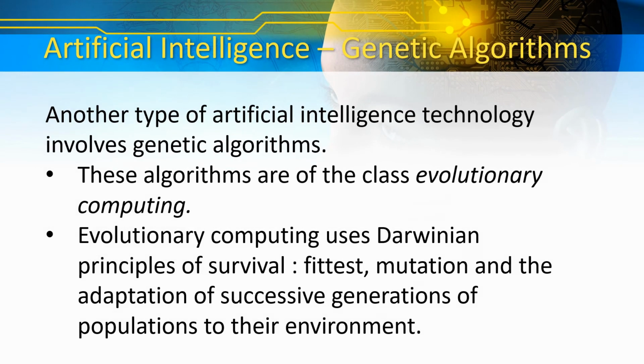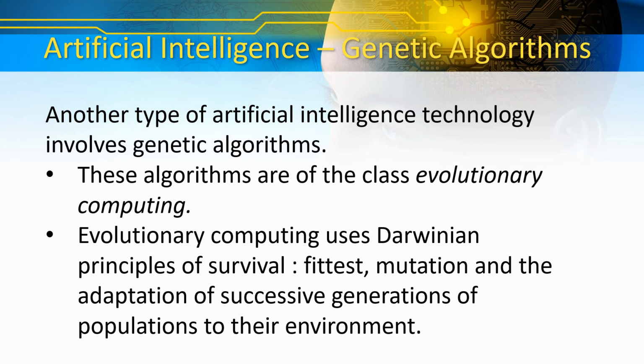In artificial intelligence, there is also something called genetic algorithms. This is another type of artificial intelligence technology. As the name suggests, genetic algorithms, we can probably see a correlation as to how this functions.